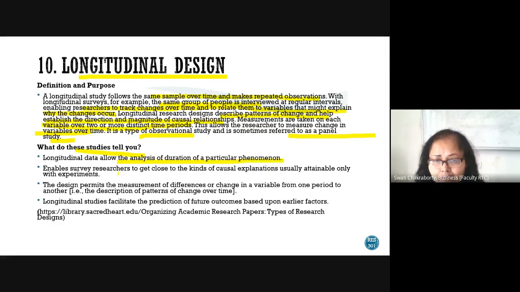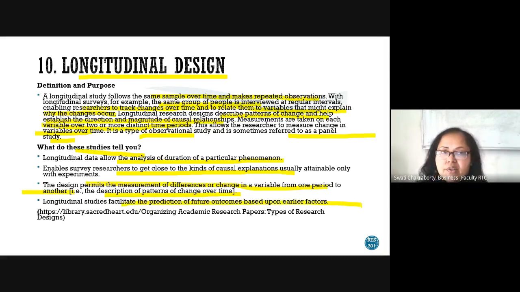It helps us to get close to the different kinds of causal explanations, which is usually attainable only with respect to experiments. It permits the measurement of differences or change in a variable from one period to another, across the period of time, where the description of patterns change over time. It also facilitates the prediction of future outcomes based on earlier factors.